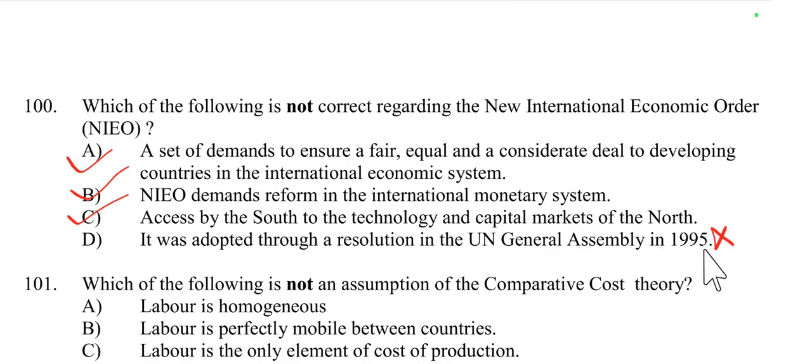It was in fact introduced and adopted by the United Nations General Assembly in 1974 through resolution 3201, and the NIEO was a set of proposals aimed at reconstructing the global economy to benefit developing countries by ensuring more equitable trade, access to technology and reform in the international monetary system. So here option D is incorrect. So the right option is option number D.